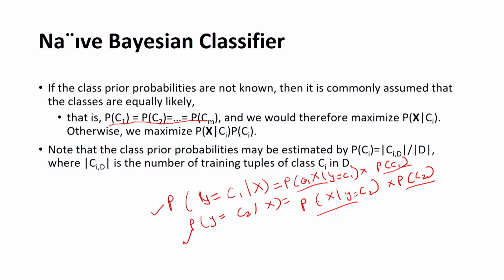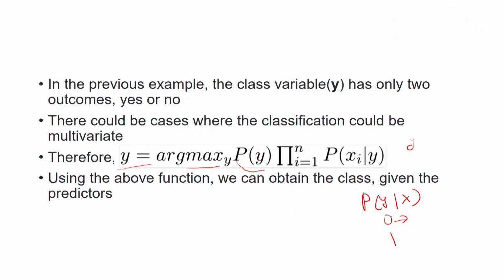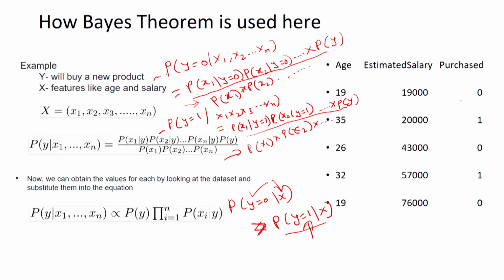Now, how can we find the probability of C1 or probability of C2 or, in general, probability of Ci for the given data set? Let us see this example. Suppose in your data set 0 corresponds to C1 and 1 corresponds to C2.